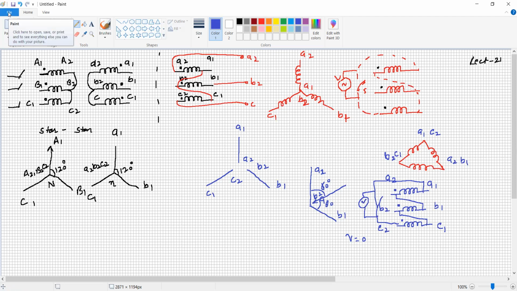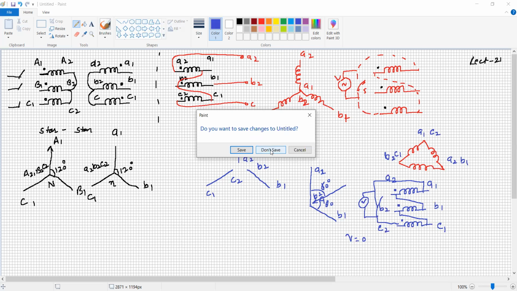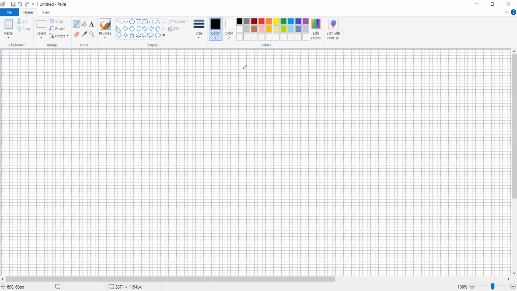Now we'll take the vector group, just the introduction of vector group of a three-phase transformer.